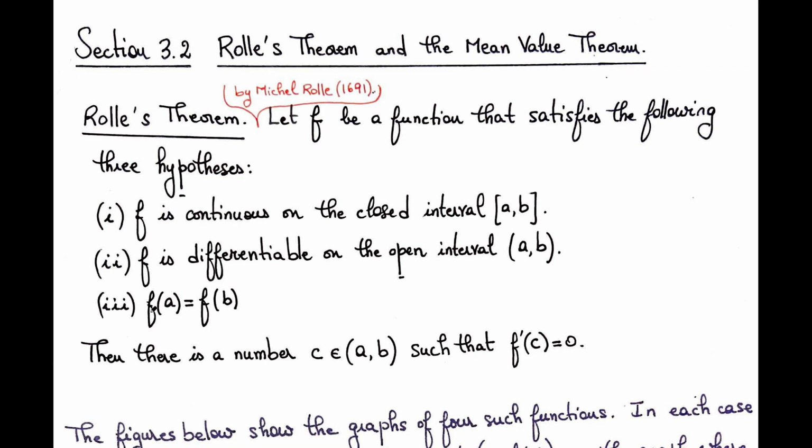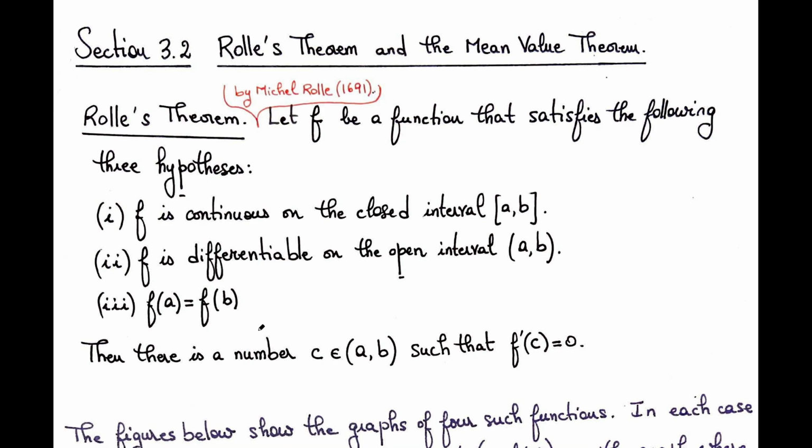And third, f of a, the lower bound, is equal to f of b, the upper bound of the interval. Under these three hypotheses, there must be a number c in between a and b where the derivative f prime vanishes.